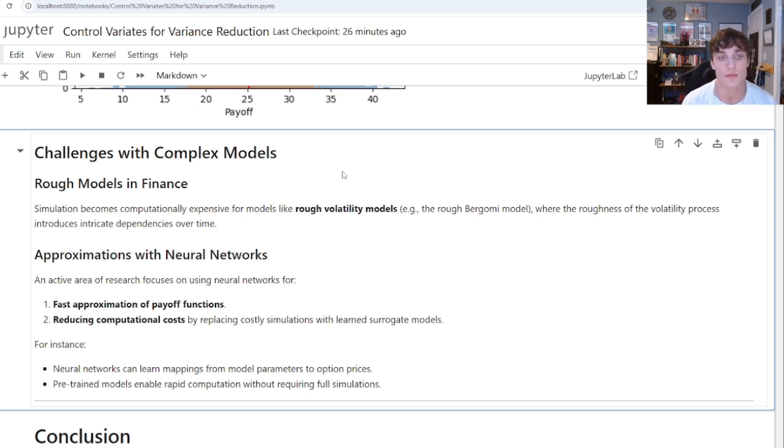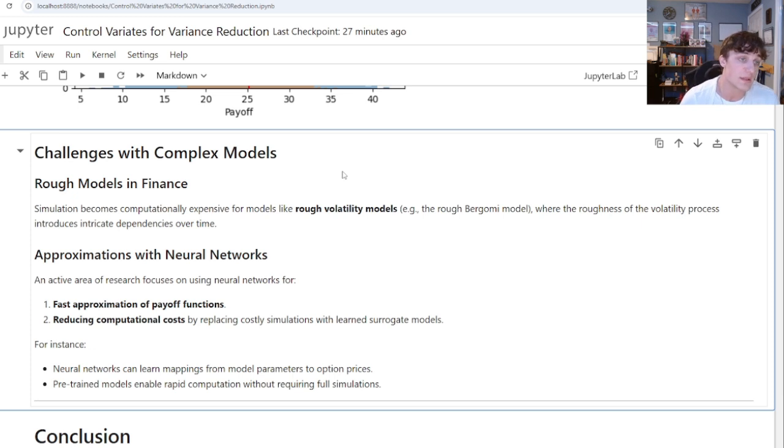So a rough volatility model, for example, introduces a long-range dependency. It's non-Markovian in structure. It is going to depend on the entire price path. So it's very expensive to simulate a single path of a rough volatility model.